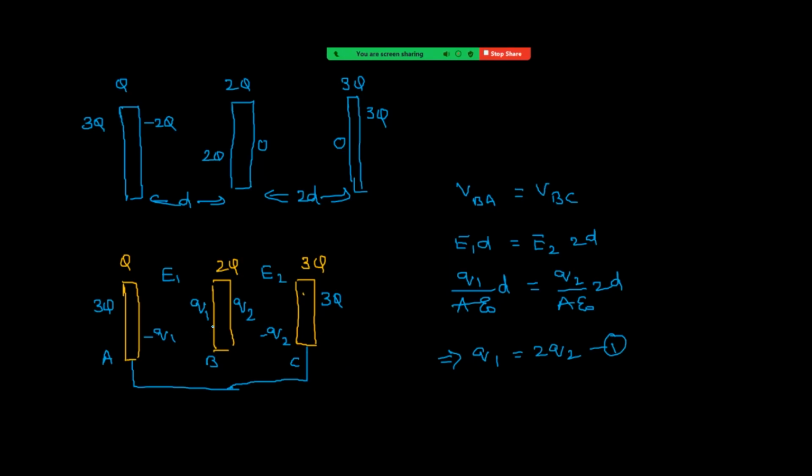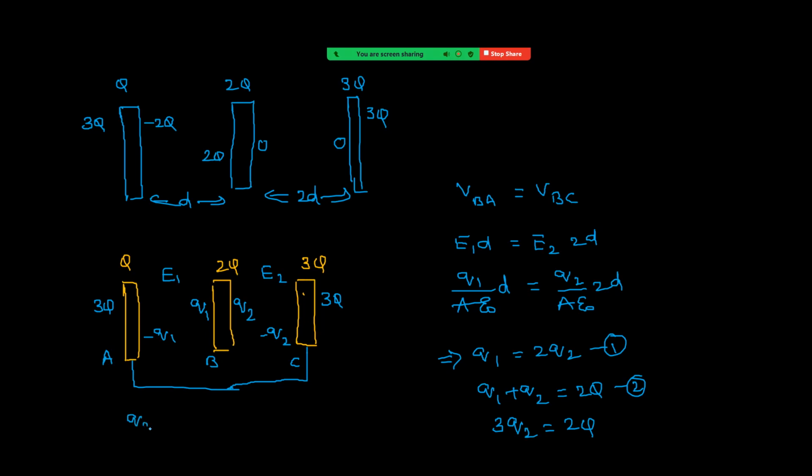One condition. Second condition, since the middle one is now isolated, the total charge must be constant. That means Q1 plus Q2 should be equal to 2Q. Okay. So we got two unknowns and two equations, right? In the place of Q1, I am writing 2Q2, so 3Q2 equals 2Q.